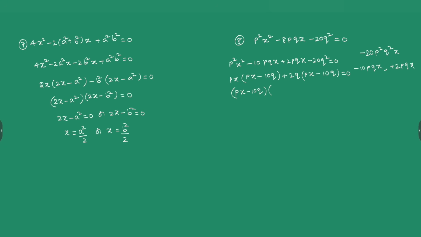Inside the brackets px plus 2q will be left is equal to 0. So px minus 10q is equal to 0 or px plus 2q is equal to 0. So x is equal to 10q by p or x is equal to minus 2q by p. These are the roots of the quadratic equation.